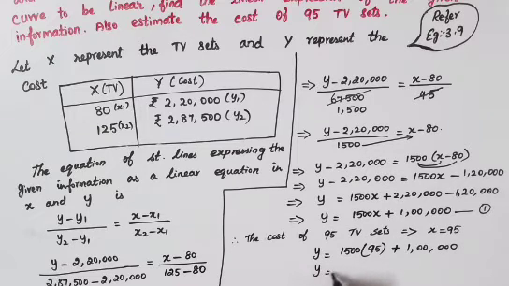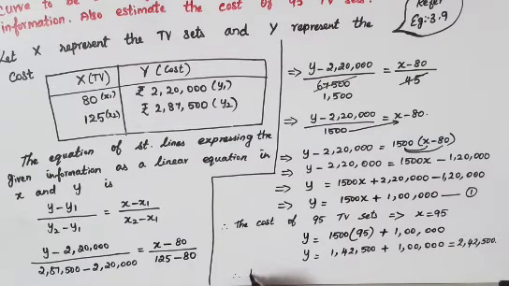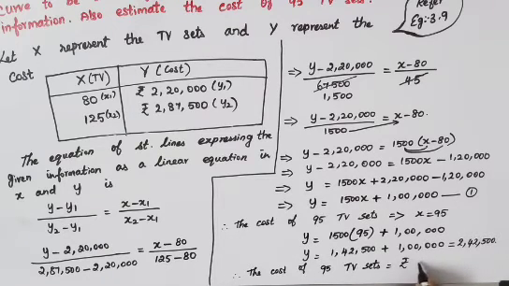So Y is equal to 1,500 into 95, you will get 1,42,500 plus again this 1 lakh. So adding you will get 2,42,500. Therefore the cost of 95 TV sets is equal to rupees 2,42,500. So this is the answer for your fifth question.